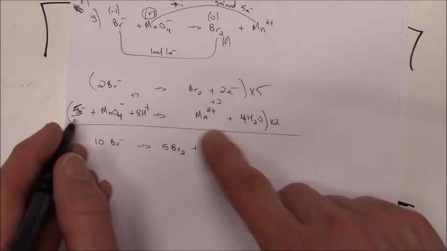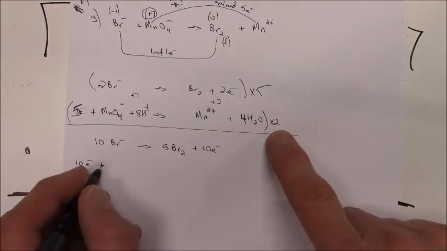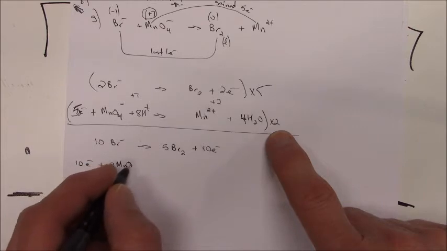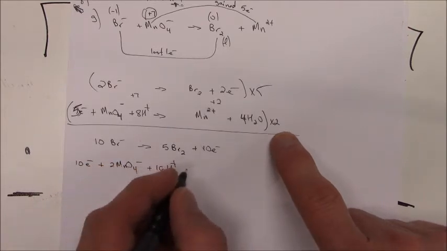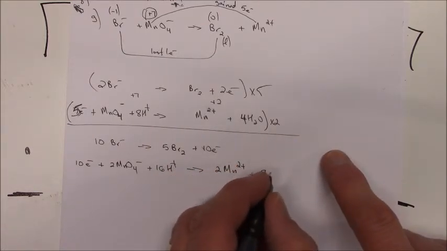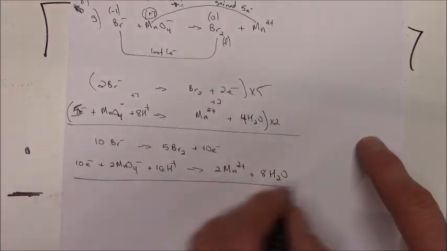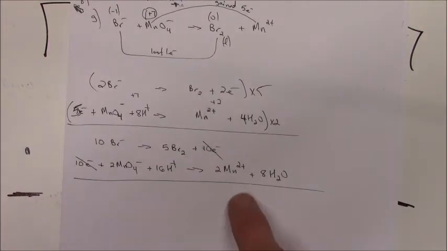This one, 2 times 5 would be 10 electrons plus 2 MnO4s plus 16 H pluses, and that goes to 2 Mn2 plus 8 H2O. 10 electrons cancels, that's the same. And I think that's it.